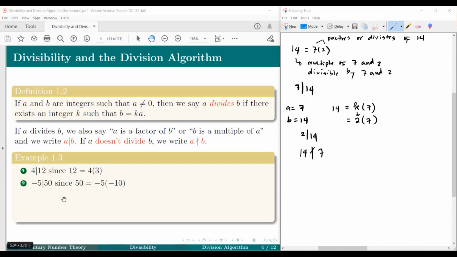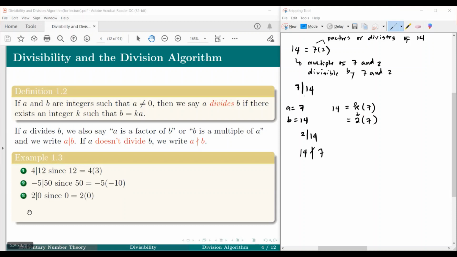So here, -5 divides 50, since 50 can be written as the product of -5 and -10. Here, k is equal to -10. The existence of an integer k, which is equal to -10 in this case.